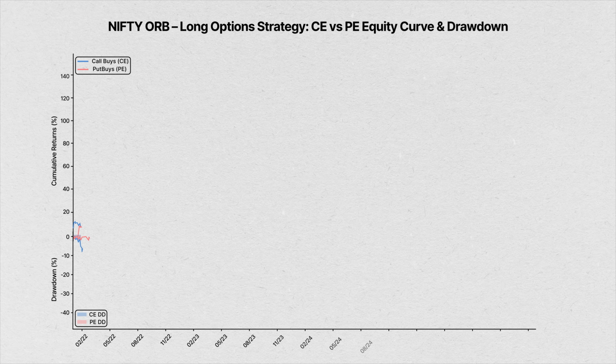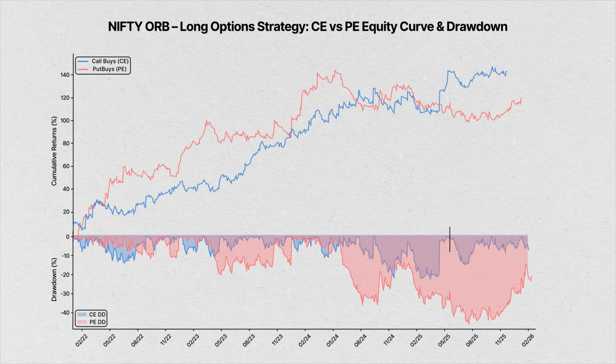Both are winning almost equally, and yes, the period between May 2024 and May 2025 has been bad for both. And in general, puts seem to be more volatile than calls, as seen clearly in the drawdown curve. But still, very interesting. With the option buying version done, let's now shift our focus to the option selling version.